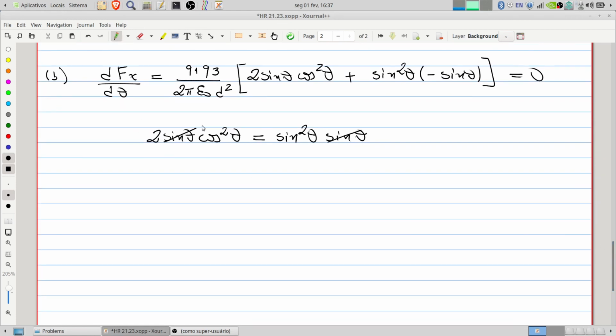And we can also take the square root of both sides of the equation. So we have square root of 2 multiplied by cosine of theta equals sine of theta. Therefore, sine divided by cosine, that is the tangent of theta, equals square root of 2.